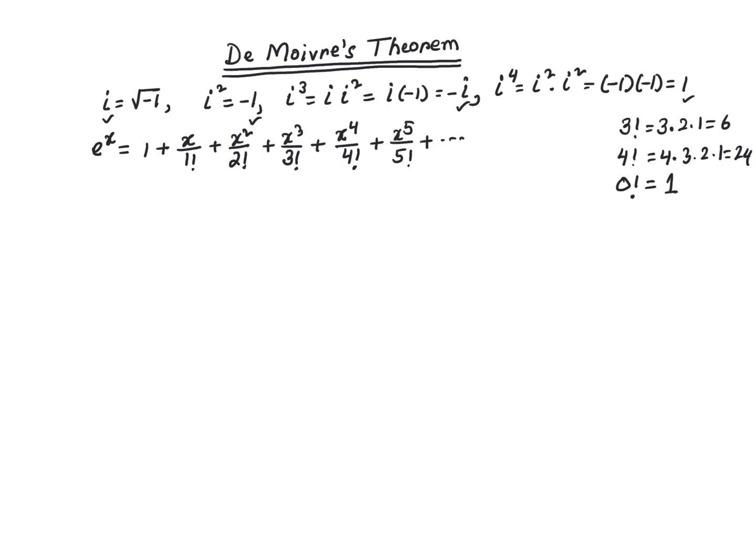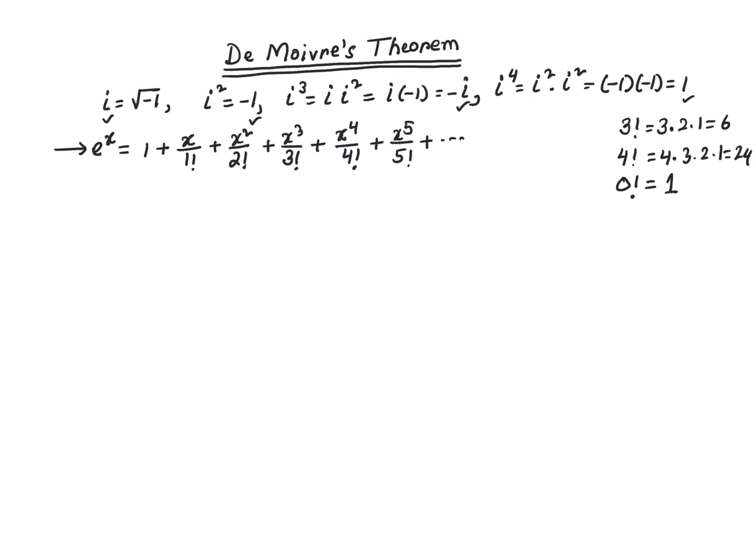Now, having said that, this is where I'm going to focus. e to the power x is equal to 1 plus x over 1 factorial plus x squared over 2 factorial and so on. However, I want to bring to your attention something interesting.